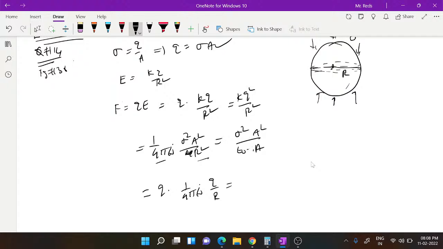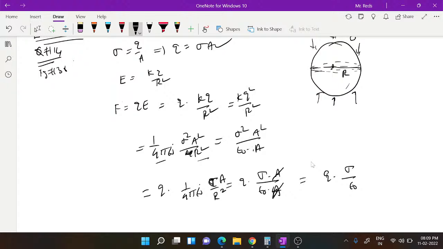Let us write Q as sigma into A. It is equal to sigma into A by epsilon naught into 4 pi R square, and 4 pi R square is the surface area, so A gets cancelled. So you can write this as Q into sigma by epsilon naught.